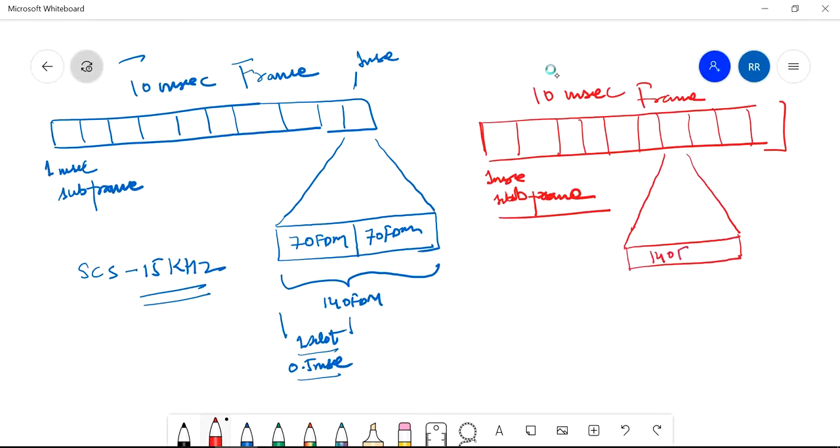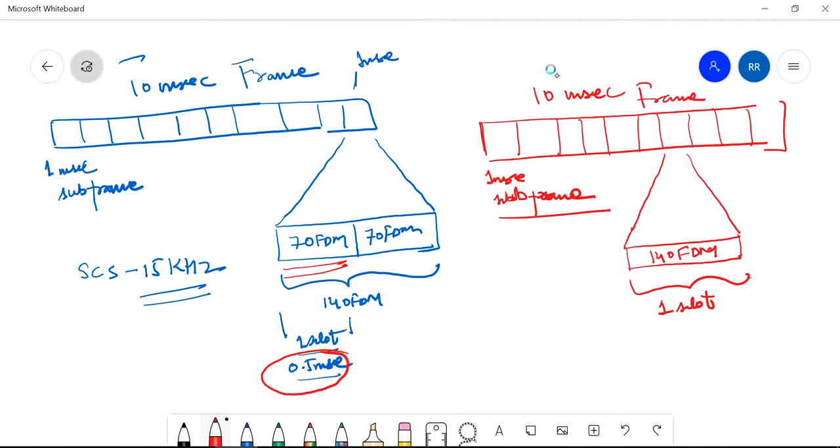Now if we expand this one subframe here, it has 14 OFDM symbols, and with 14 OFDM symbols, this is one slot. That is one difference between LTE and NR: in LTE one slot is 0.5 millisecond having 7 OFDM symbols, but here one slot has 14 OFDM symbols, right?